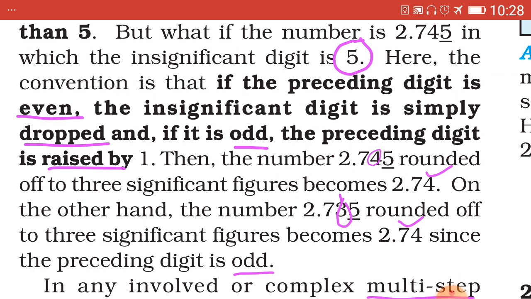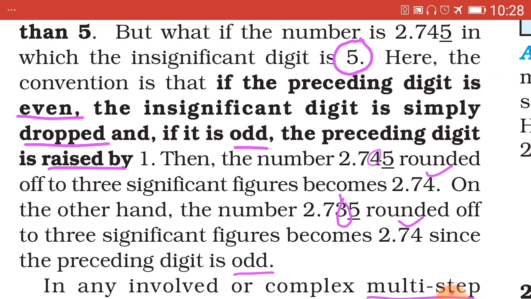Say for example 2.745. The number 5 has been underlined, which is insignificant. So if the preceding digit is even, here in this case it is even because it is 4, then the insignificant digit has to be dropped, meaning no change.